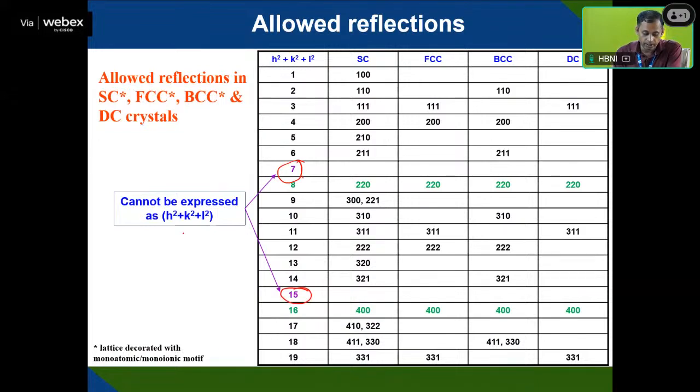Here you can't express this as H square plus K square plus L square. That means this plane will be completely missing in all SC, FCC, BCC, or diamond cubic structures. In all other cases, you will see some specific planes here.